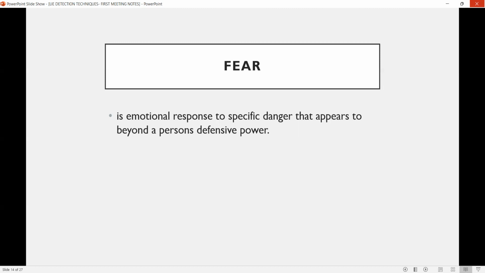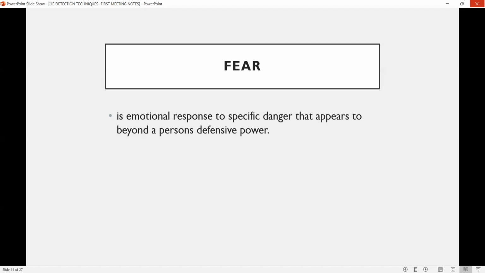Okay, of course, bation kag fear kay guilty ka, and when there is fear, you will eventually tell a lie. Dili ka mo answer correctly sa mga questions sa polygraph examiner because nahadlo ka that if ever you will admit or confess that you committed the crime in question, you'll be punished.